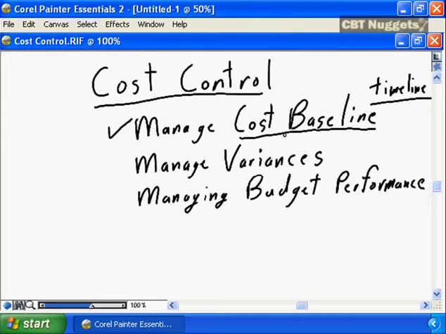So managing the cost baseline is all about ensuring that you deliver on budget and that you deliver to the terms and conditions of the cash flow plan.